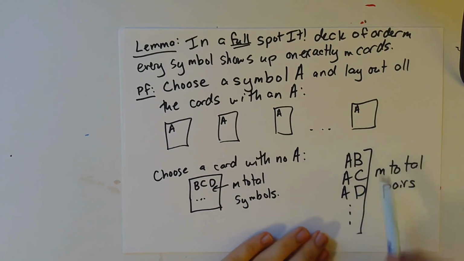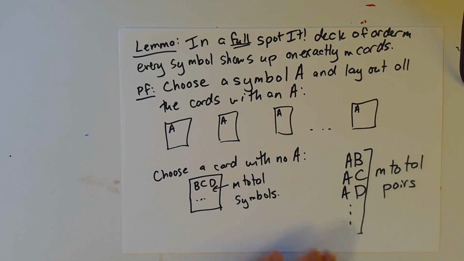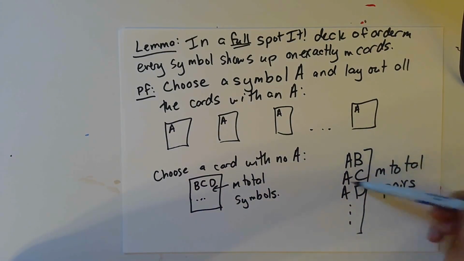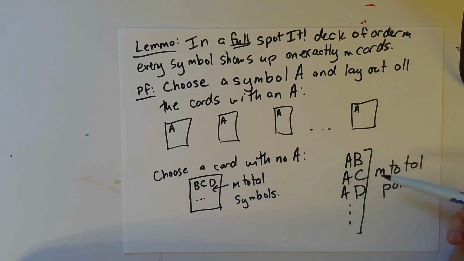And in fact, not only must they be on a card, each of these pairs has to be on a different card, because if, say, AB and AC were on the same card, well, that card has both B and C on it.